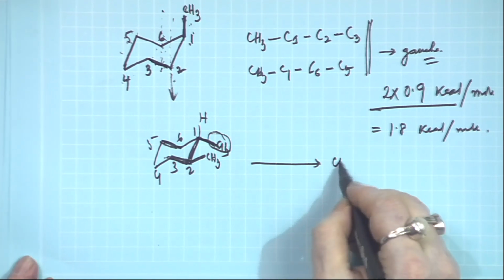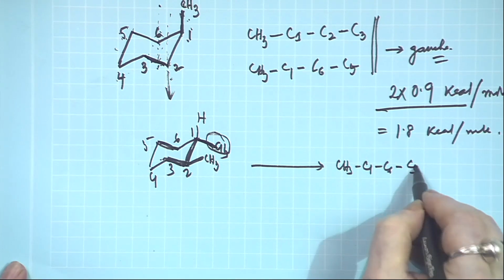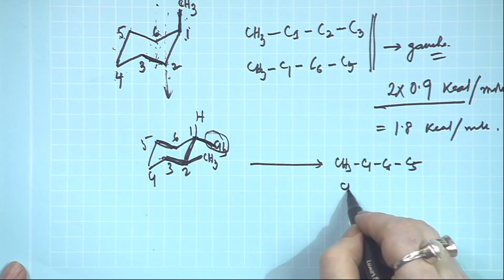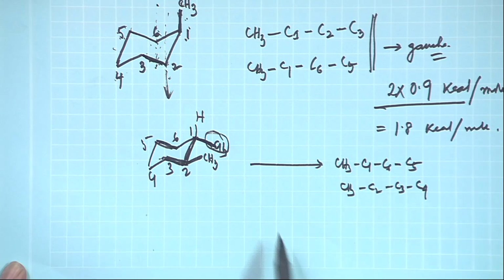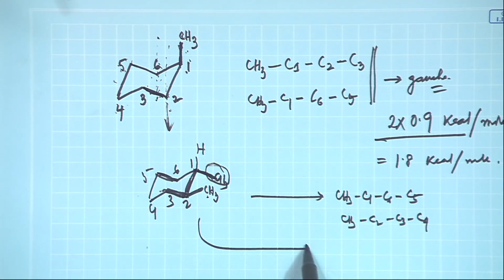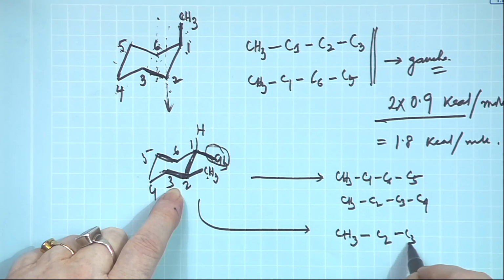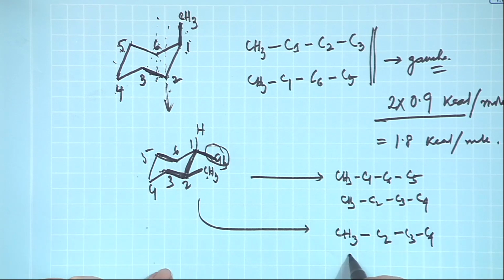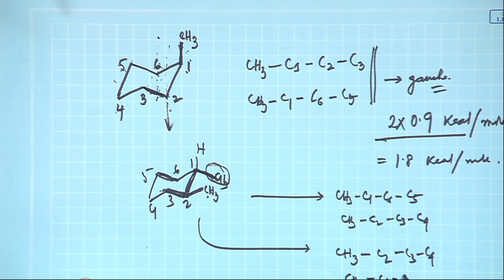One is methyl, C1, C6, C5, another is this methyl, then C2, then C3 and C4. This is for this methyl, and for the other methyl you have CH3, then C2, then C3 and C4, and you have CH3, then C1, then C6 and then C5.